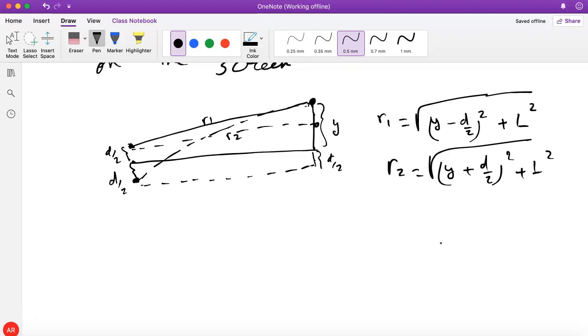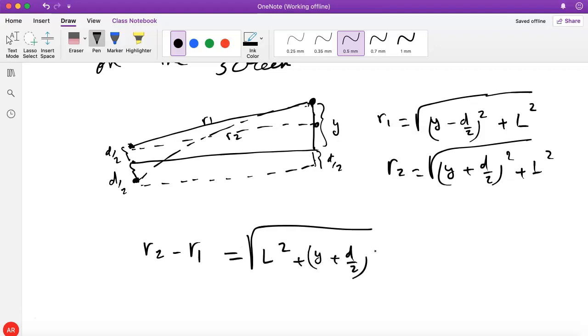Then R2 minus R1 becomes the square root of L squared plus (Y plus D over 2) squared, minus the square root of L squared plus (Y minus D over 2) squared.